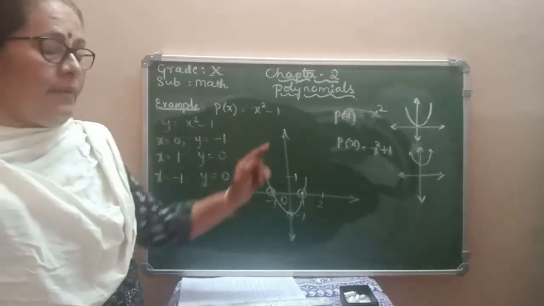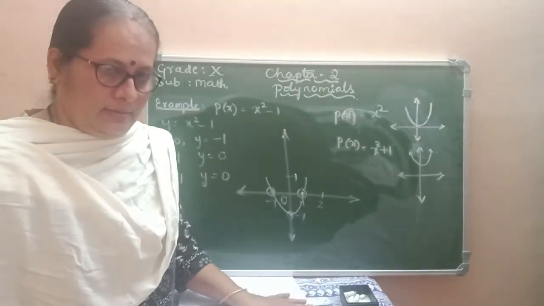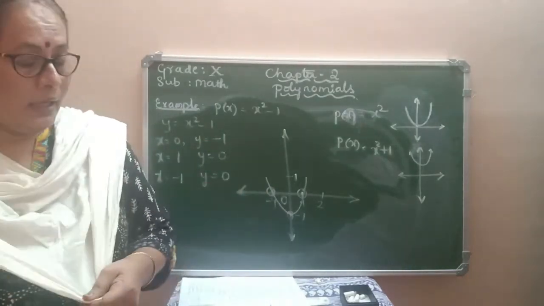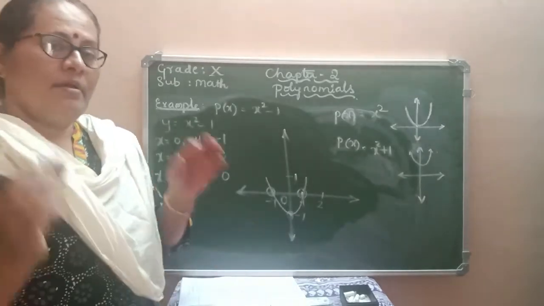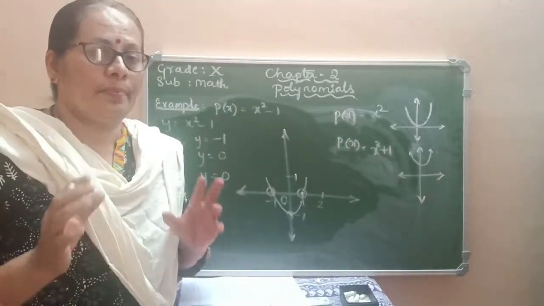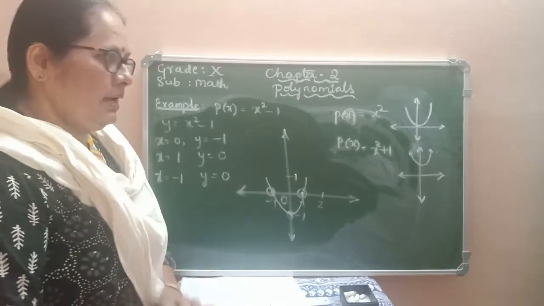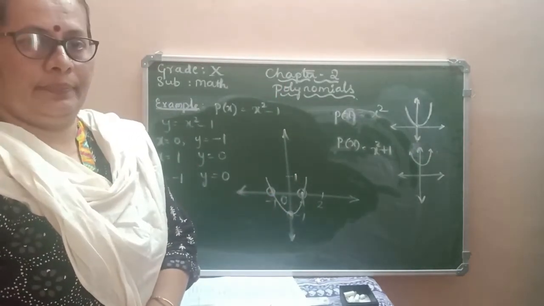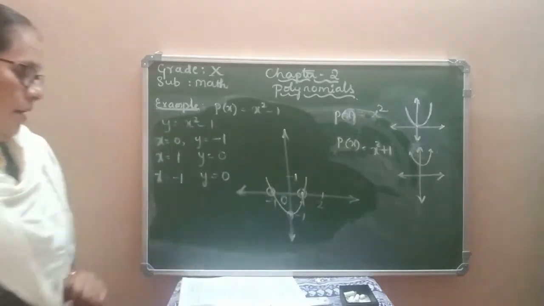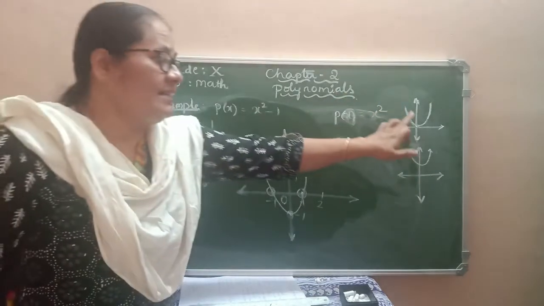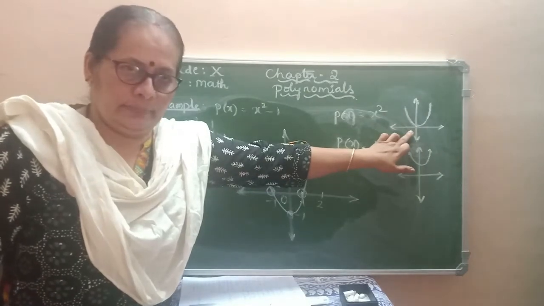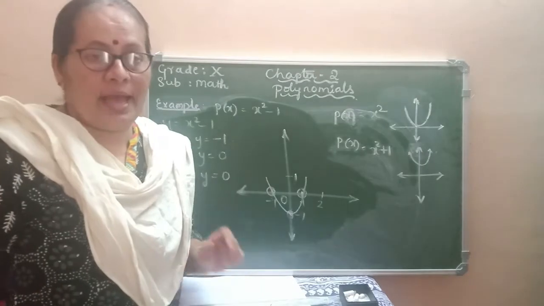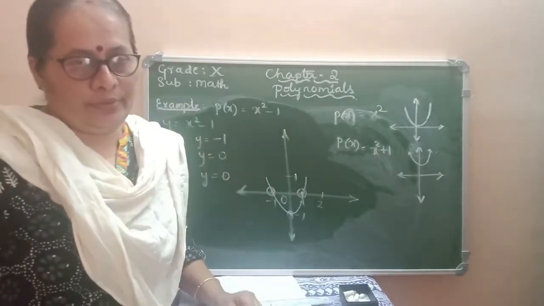From this graph, we will come to know that for any quadratic polynomial, we get a curve called a parabola, which will be open upward or open downward. Then when the graph just touches the x-axis, it has two equal zeros.